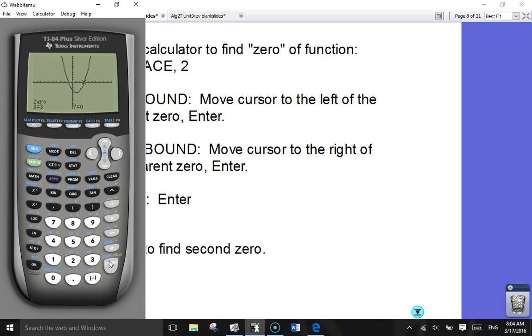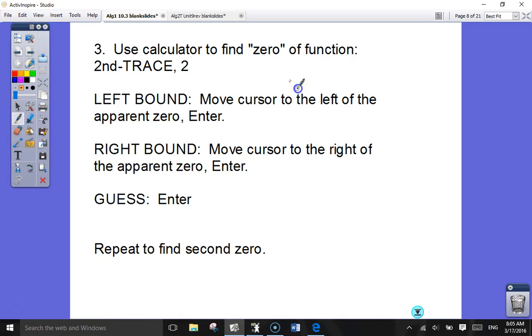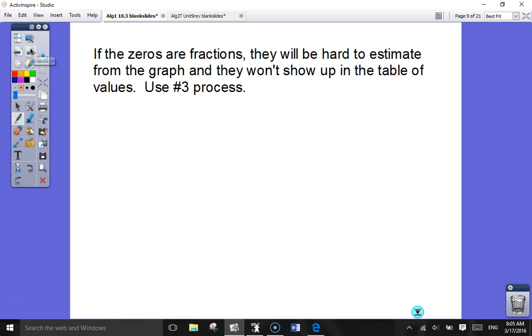So if you have one that's not in the table of values already, this is a way to get the ones that are in between. But again, you're going to have to know a few steps to do it. Okay.